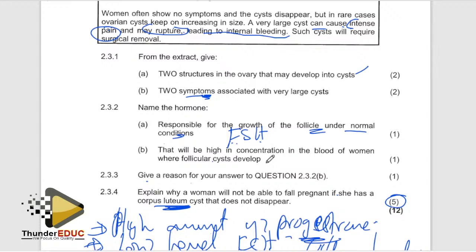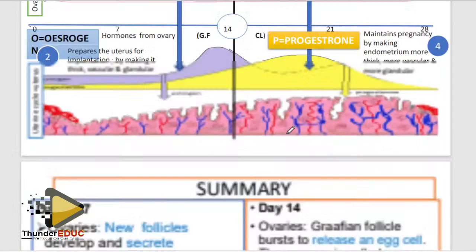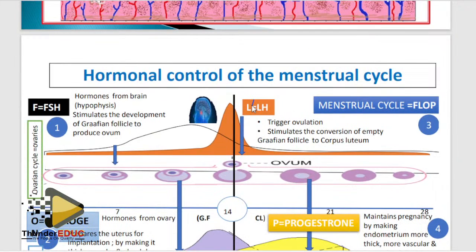Not what is being produced by that follicular cyst. No. They're saying the level of hormone in the blood. Definitely the brain has to release the hormone, and if you come back here to our distinction material, you check here and you see that this is luteinizing hormone. And at this point where the rupturing takes place, which hormone in the blood is high?